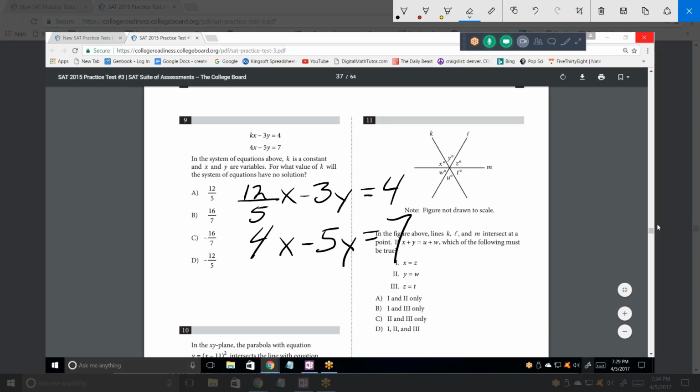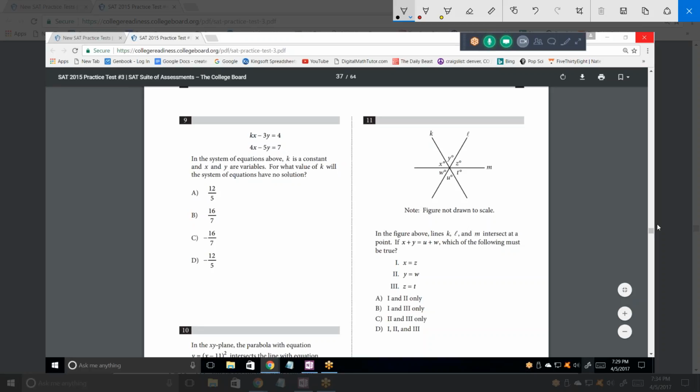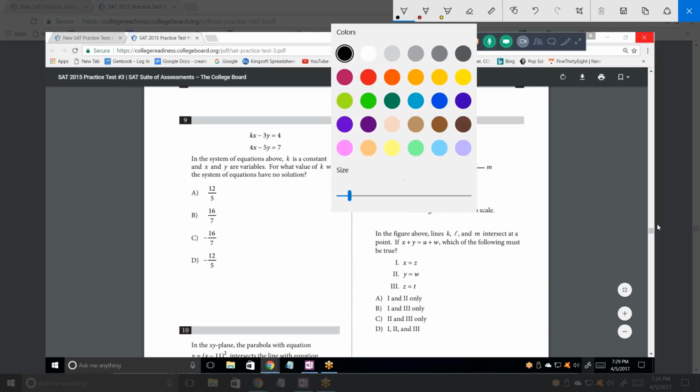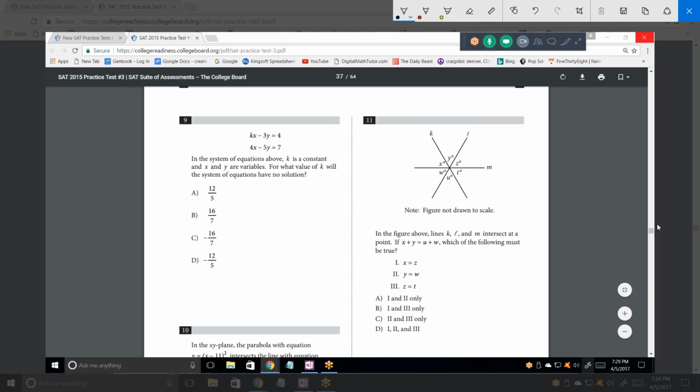Let's say that I didn't pick 12/5 but 16/7. Not that I want to waste time, but I just want to illustrate something. Let's say I started with B. So now I would have this.